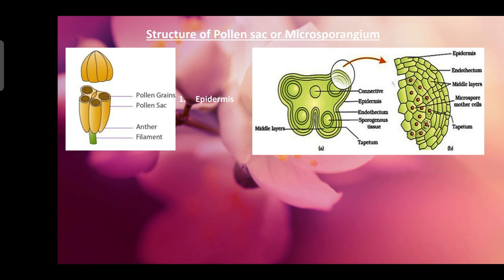Number 1 epidermis, number 2 endothecium, number 3 middle layer, number 4 tapetum, and number 5 sporogenous tissue ಅಂತ. Okay, epidermis, endothecium, middle layer, tapetum, and sporogenous tissue.